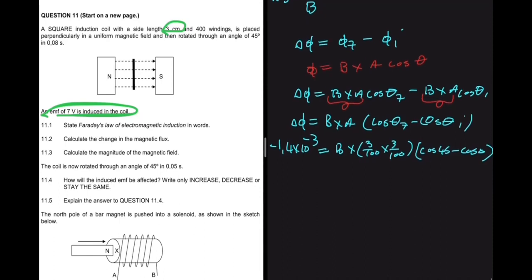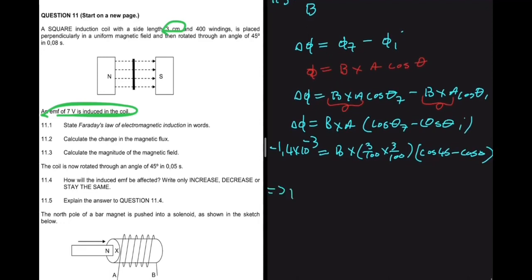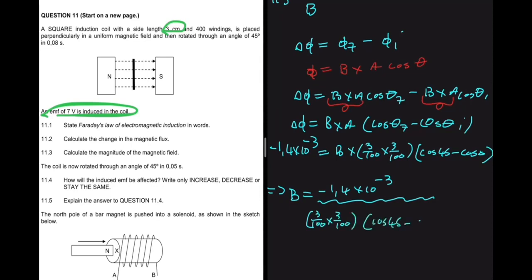So this will give us B, which is the strength of the magnetic field, equal to minus 1.4 times 10 to the minus 3 divided by that coefficient of the magnetic field, which is 3 divided by 100 multiplied by 3 divided by 100, and then we have cos 45 minus cos 0, right?